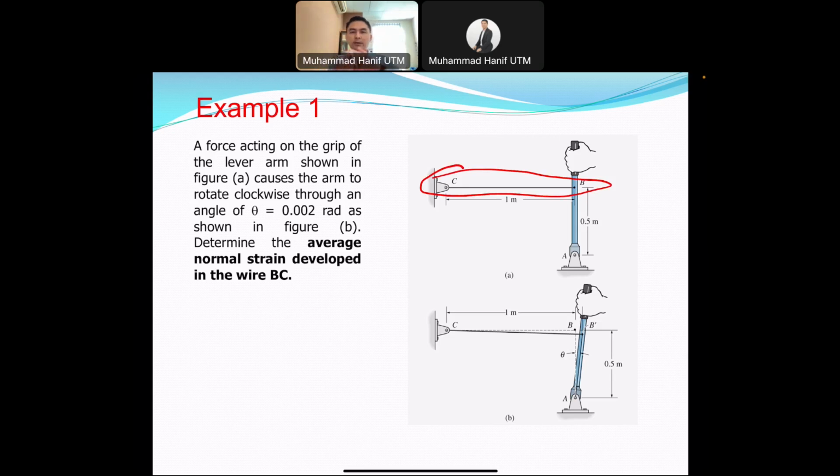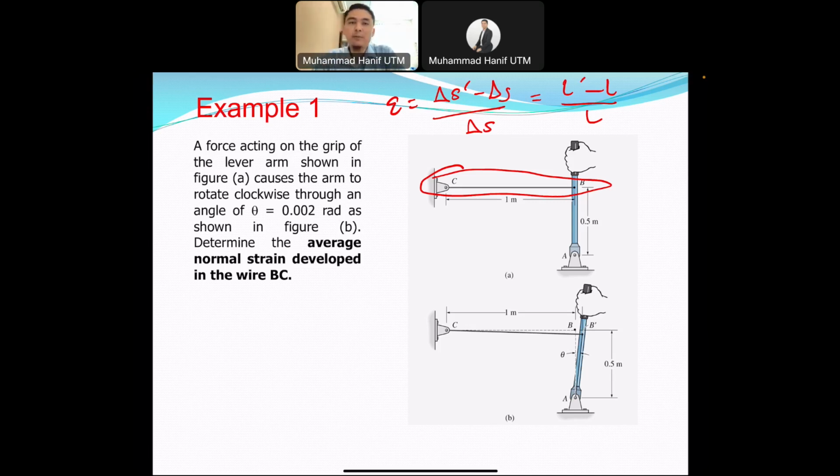You can see the line segment there is a horizontal line, and what you have to do is find the normal strain. Again, normal strain is the equation epsilon equal to delta S prime minus delta S over delta S. You can also write it this way, L prime minus L over L. Delta means many changes, but for this one there is only one change, so there is no need to put the delta.